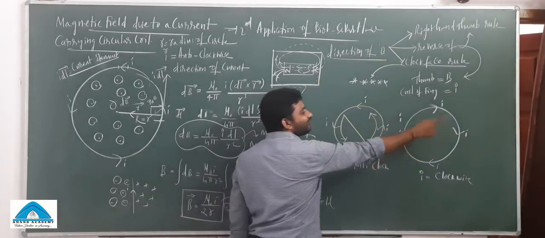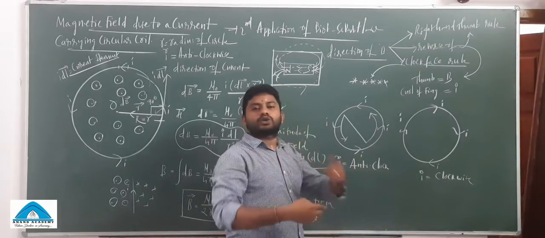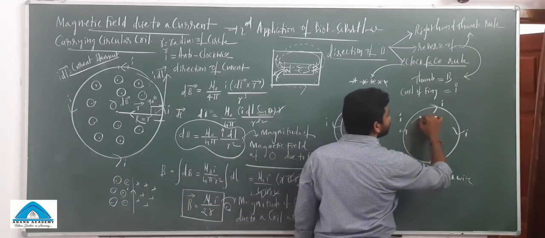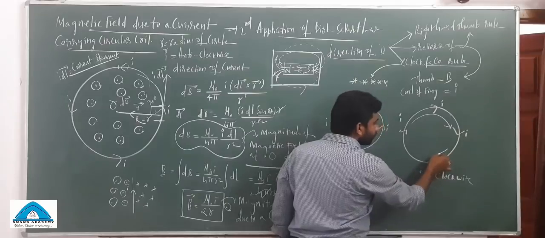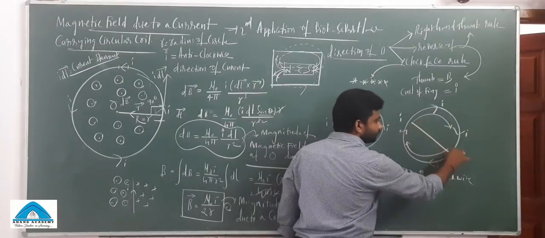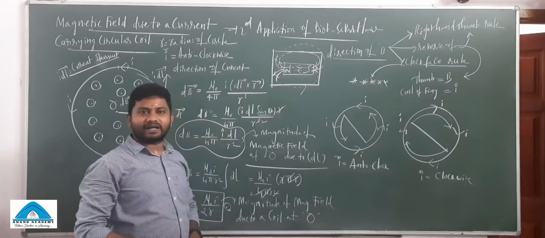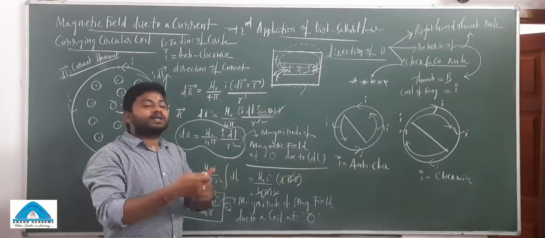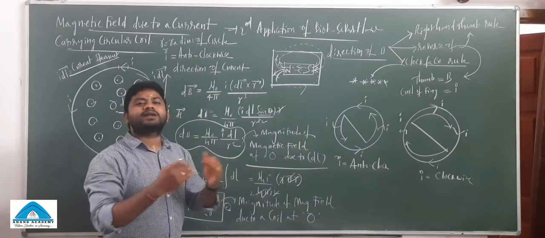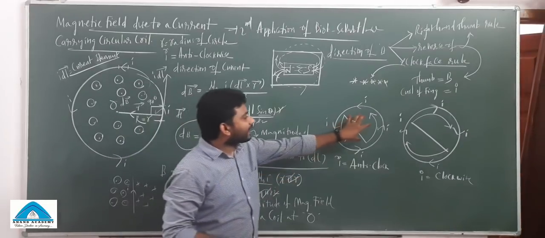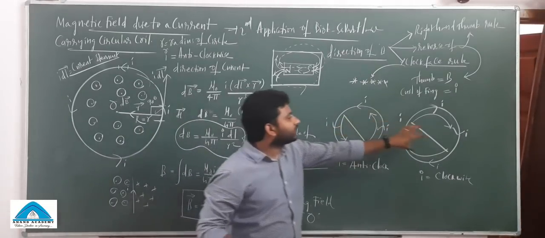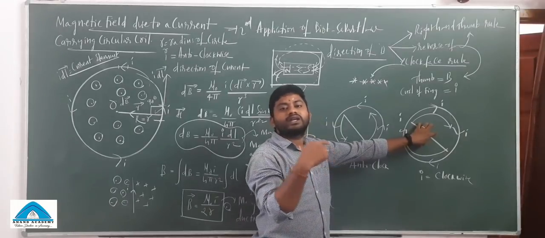So this particular face will behave as a south pole of a bar magnet. In this way, it is easy to remember. So by using the direction of current, immediately you can tell that here the magnetic field lines are coming out, here the magnetic field lines are moving into the plane.